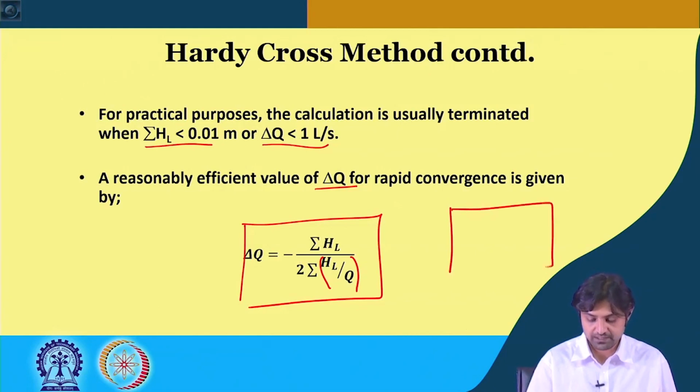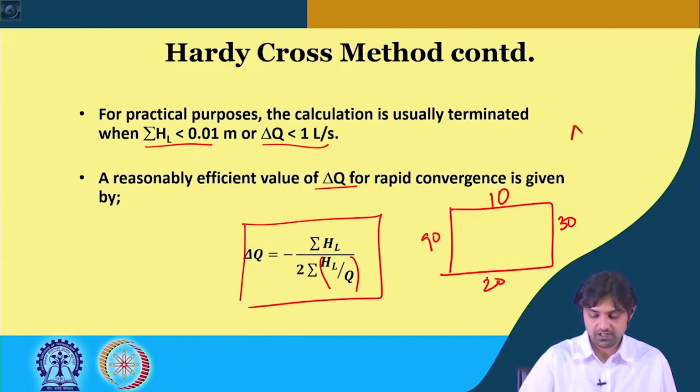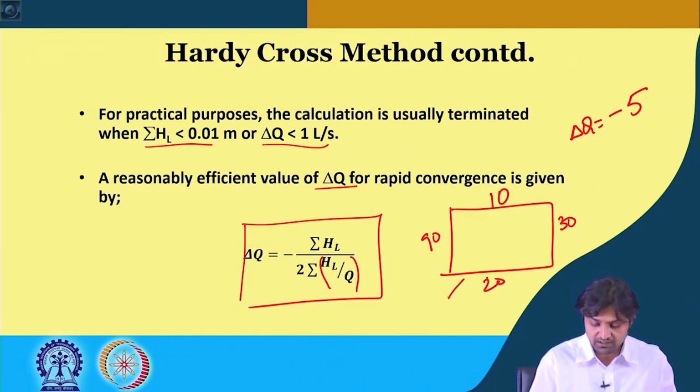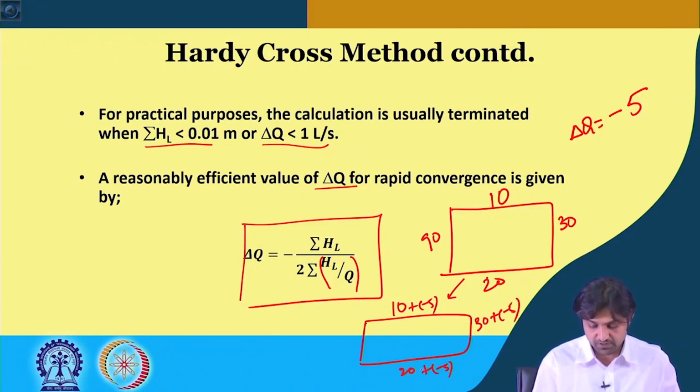Suppose, let's say, if this pipe was 10, this was 30, this was 20, this was 90, and our delta Q comes to be minus 5 for example. Then in the next iteration, you have to repeat this process again. The first pipe will have 10 plus of minus 5, this will have 30 plus of minus 5, this will have 20 plus of minus 5, and 90 plus of minus 5.